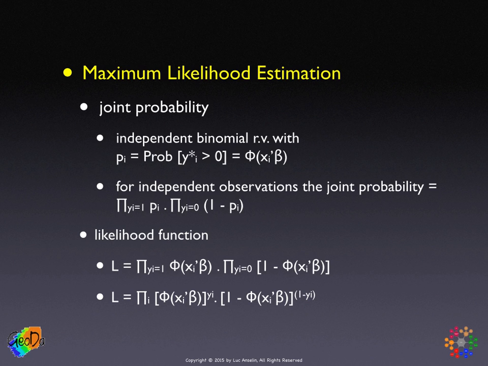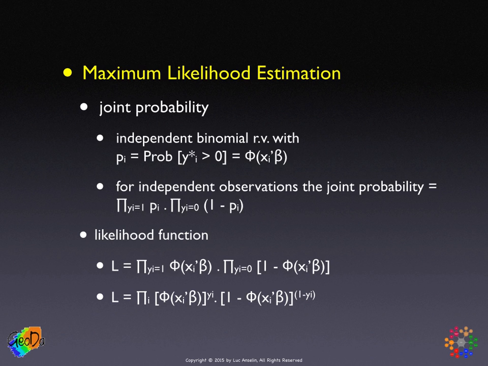So in this classic Probit model, we assume independence, so the events are basically independent binomial random variables, and they're binomial because they happen or they don't happen with a probability p sub i, which is the probability of our latent variable being positive, which is the same as a cumulative standard normal distribution. So everywhere where we have p sub i, that will be replaced by phi of x sub i beta for each i.